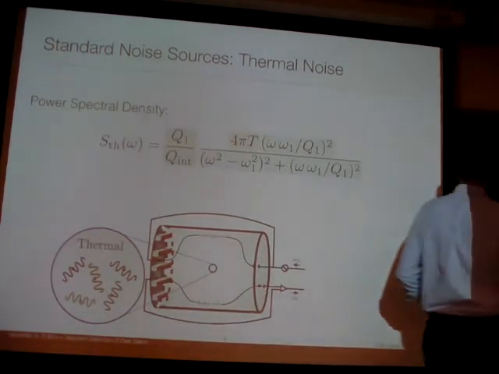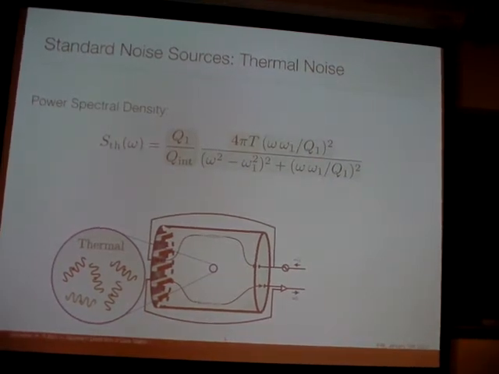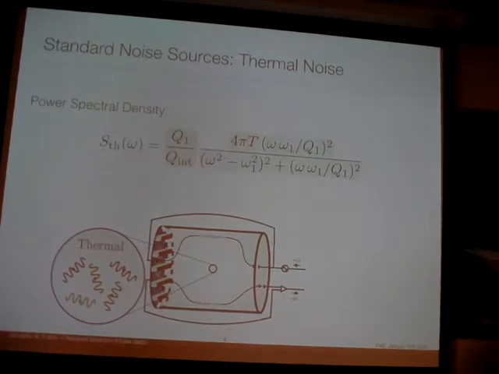And so instead, what you have is the following relation, which I will also endeavor to leave up here, which is that basically quality factors add like resistances in a series circuit.